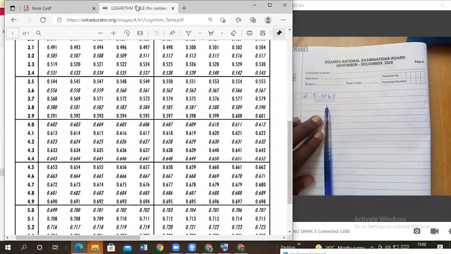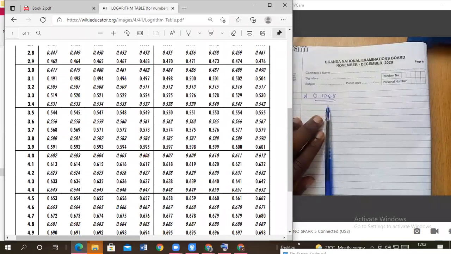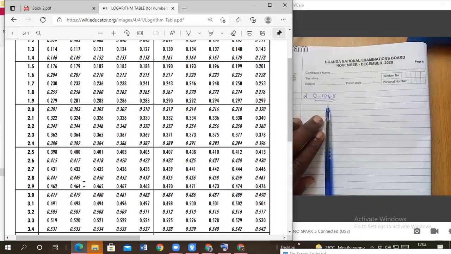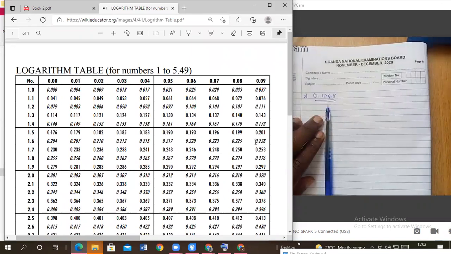Let's go back to our log table here. What is the log? It is 0.1068. We are looking for the number, but before we get the number, we must look for the log.